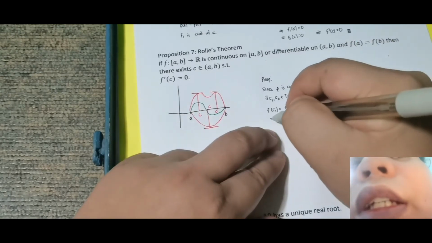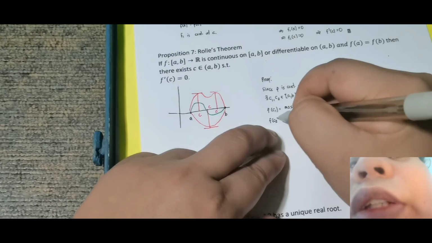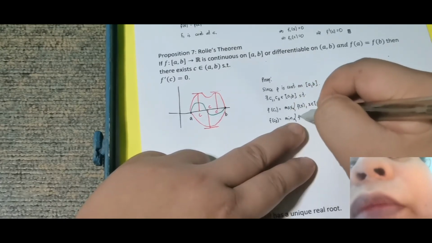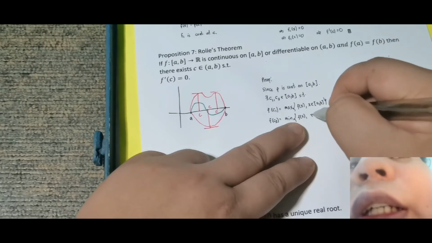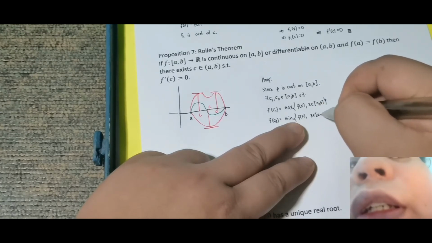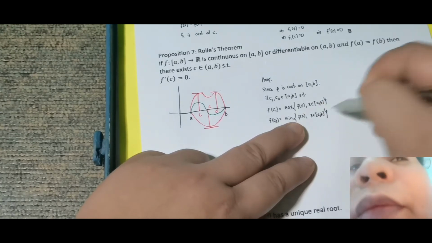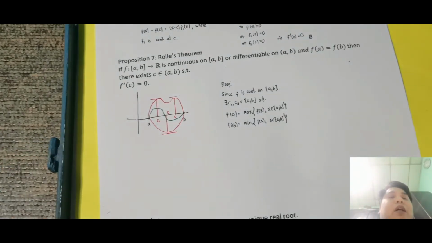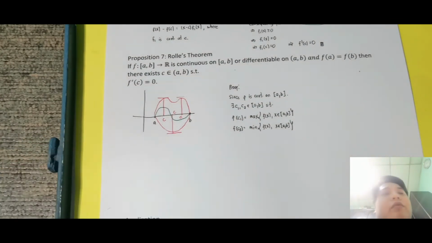Let's say na f of c2 rather, this is the minimum ng f of x such that x is an element of closed interval [a,b]. So ito ay by EBT. May nag-exist na minimum saka maximum dun sa loob ng function. So let's say ito yung c1, ito yung c2. Yan yung mga kinukuha ko, f of c1, f of c2.